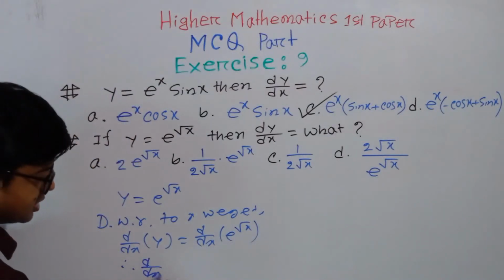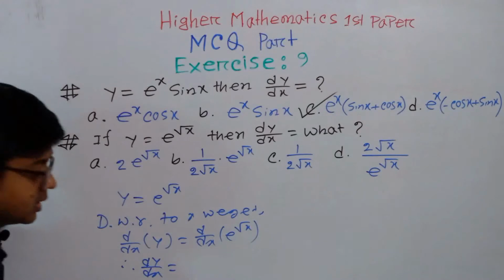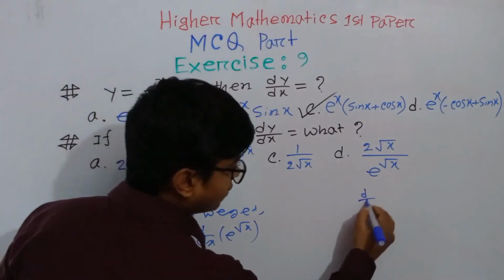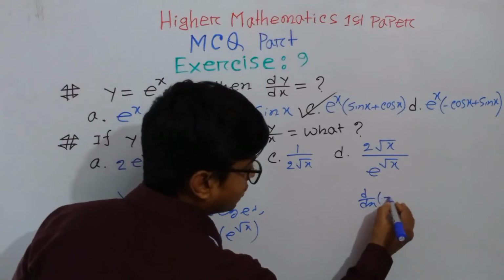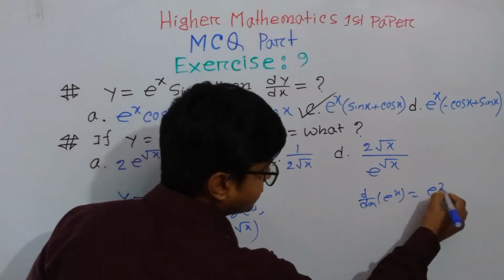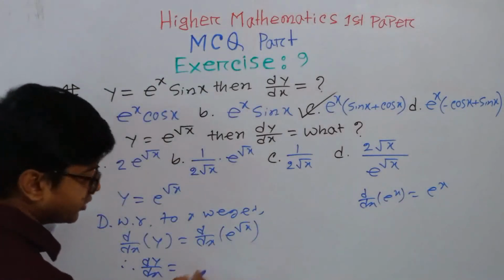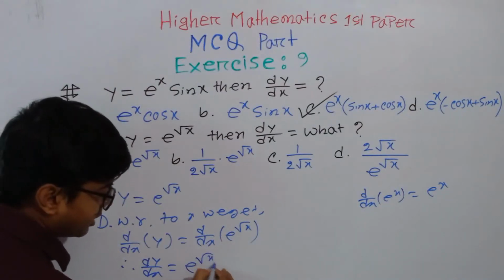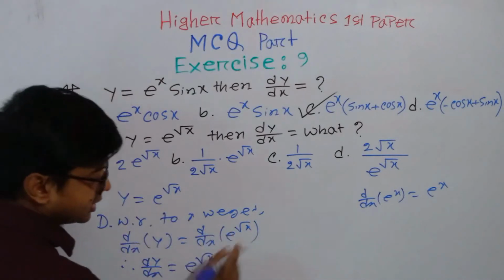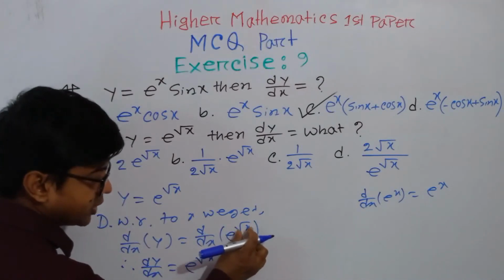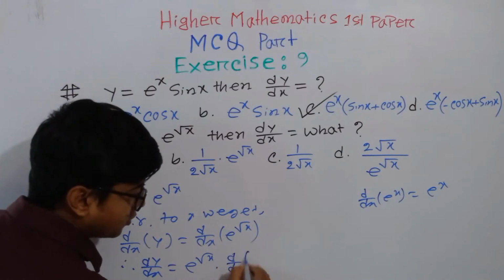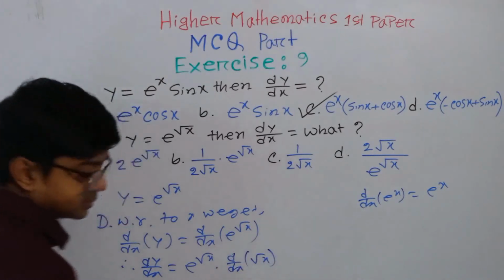Here d/dx of y equals, we all know that the formula of d/dx of e to the power x is e to the power x, so we can write e to the power root over x, and again differentiating with respect to x for this part, so d/dx of root over x.